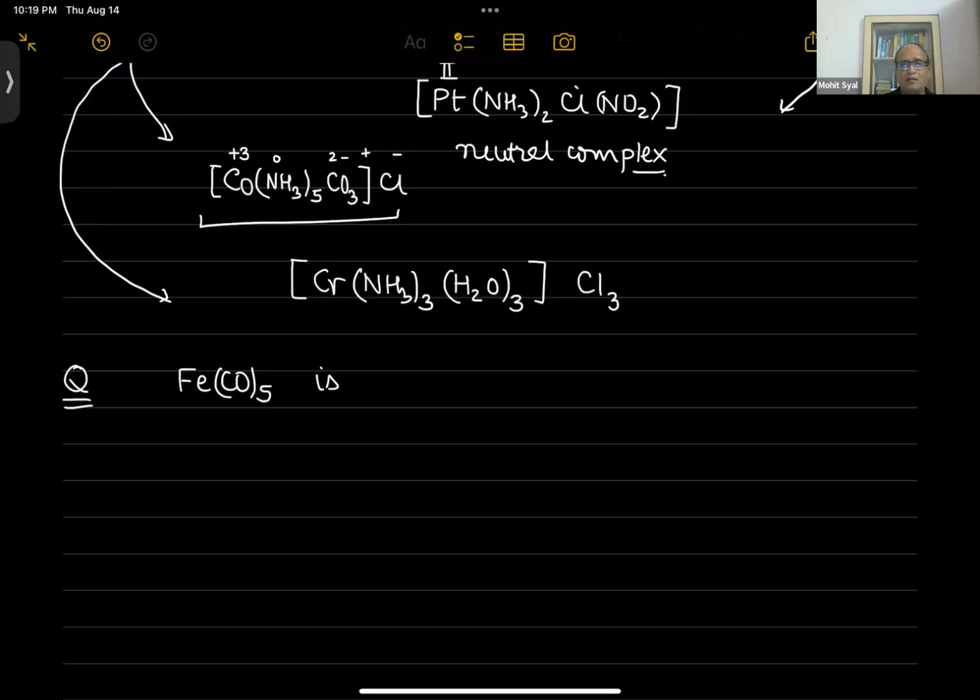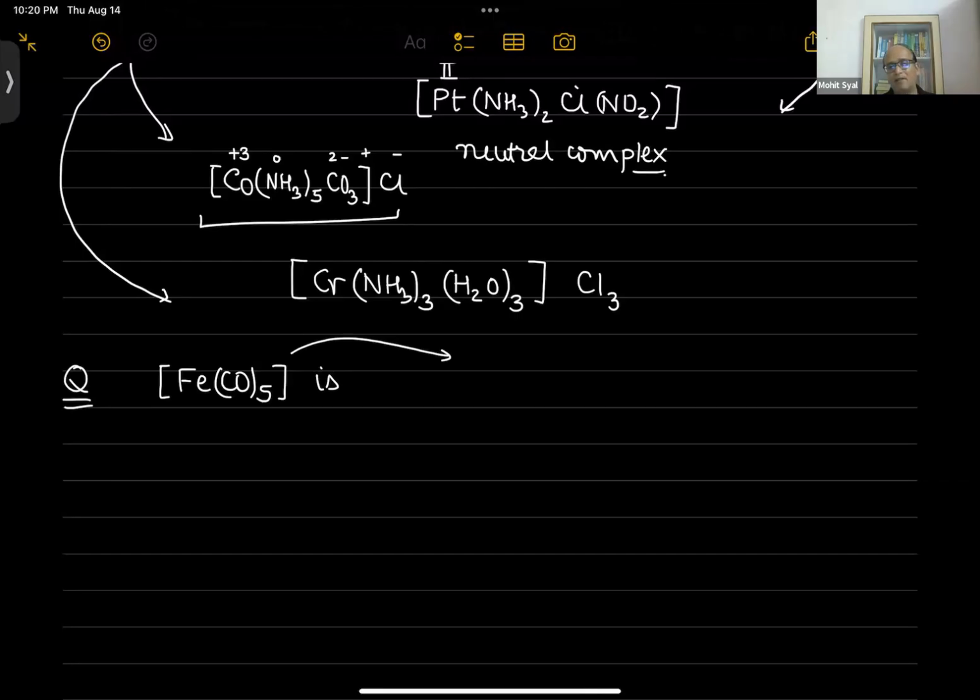This is from NEET 2018. This is a neutral complex. What is the name of this neutral complex? Can you tell me? Very simple. You can try to name it, and then I will write the rest of the question.